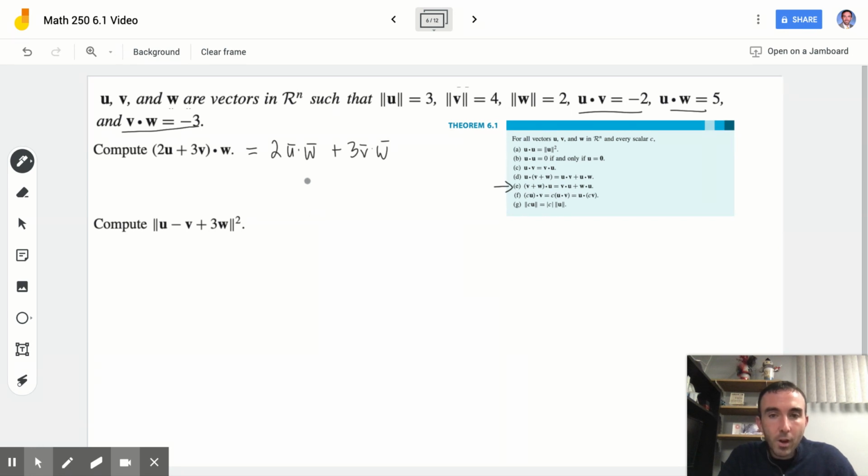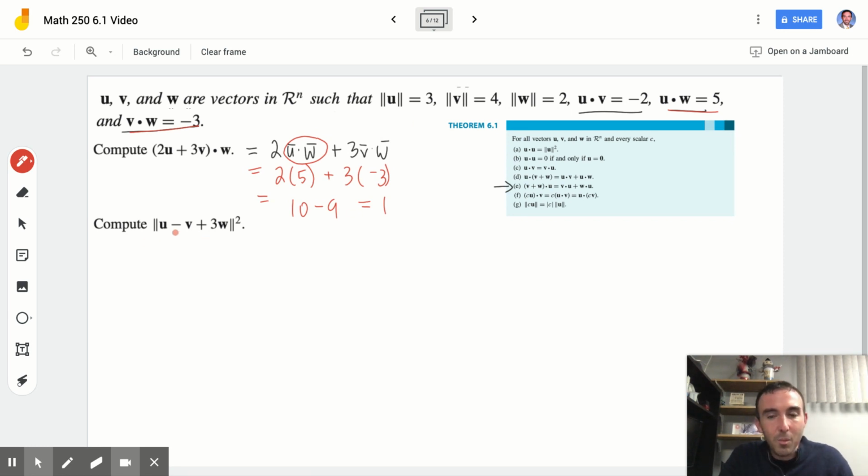And that's enough information for us to solve the problem, because we were told that the dot product of u and w is 5, and the dot product of v and w is -3. So we can just plug those right in, and we get 10 minus 9, which equals 1. Very straightforward. The second one, however, is a bit of a beast.